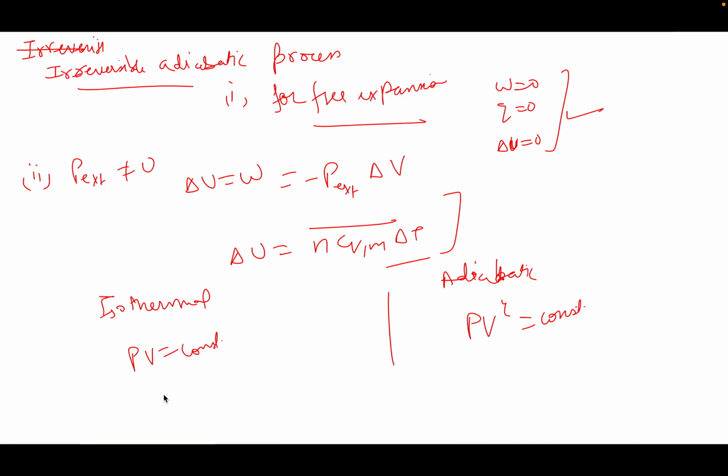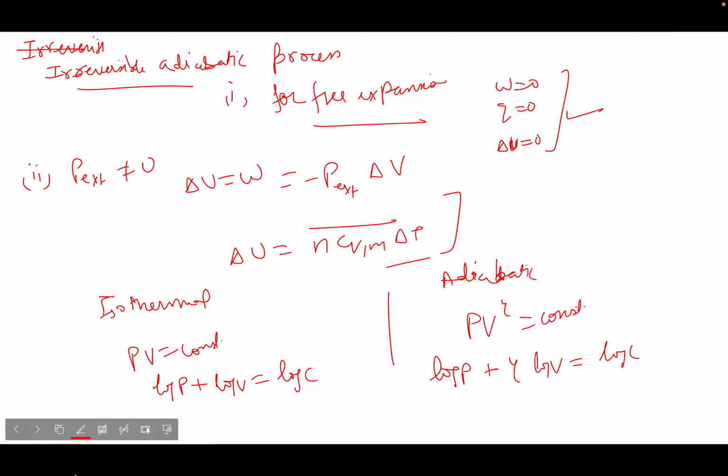For this one, log P plus log V is equal to log C, some constant. But for this one, log P plus gamma log V is equal to log C.